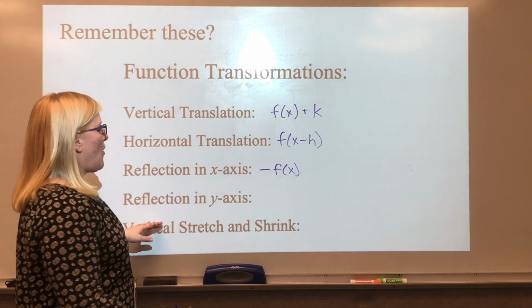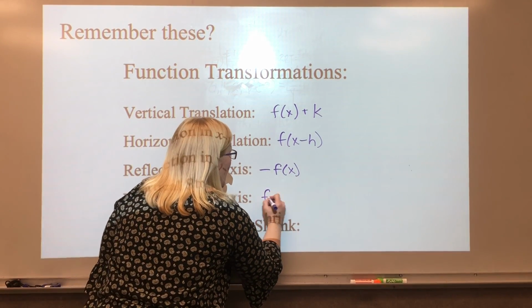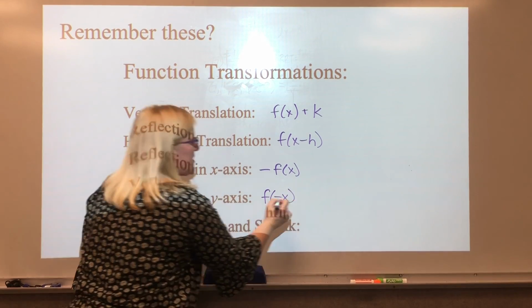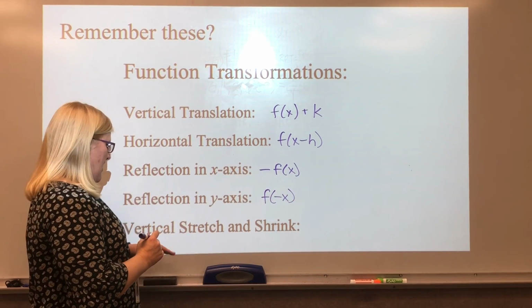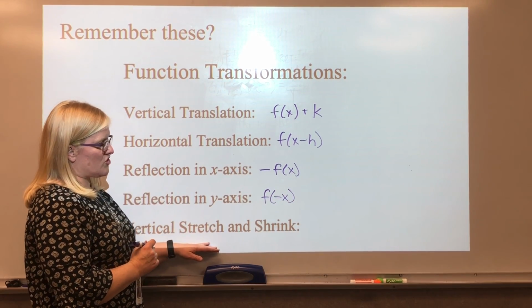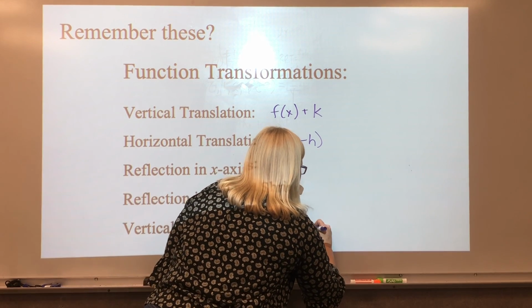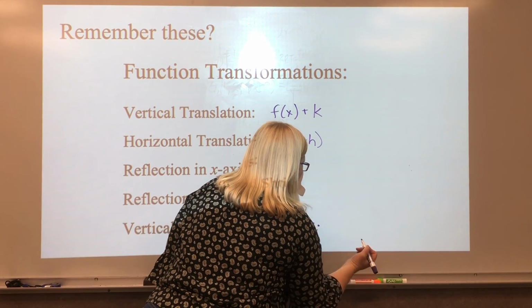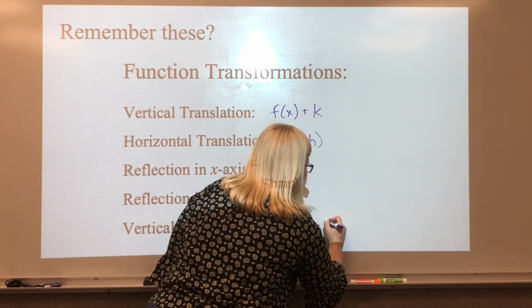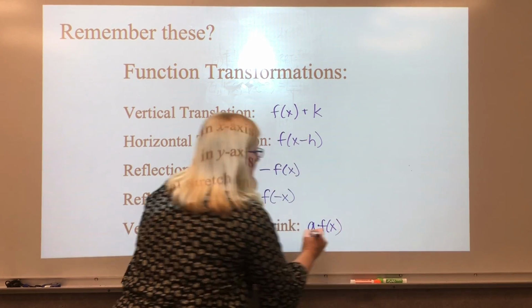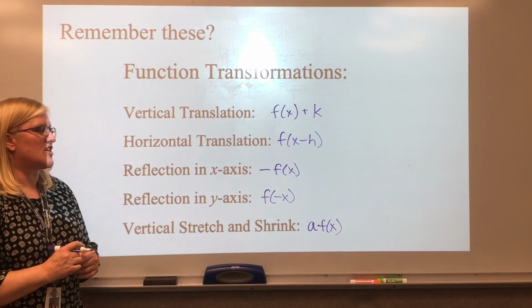Reflection in the y-axis, you take every x value and replace it with a negative x. And finally, your vertical stretch and shrink is when you take what you're stretching or shrinking it by, and just multiply it by the whole function.